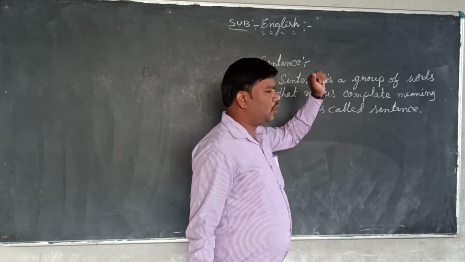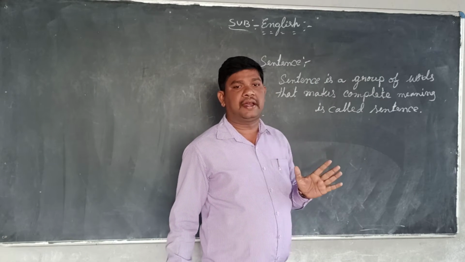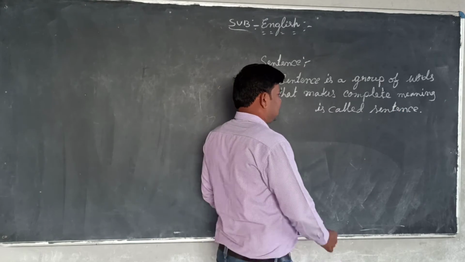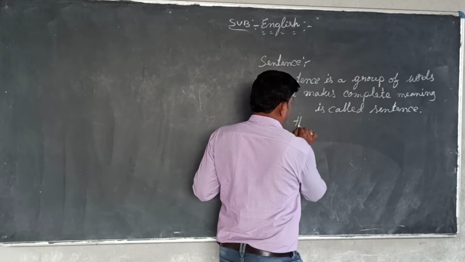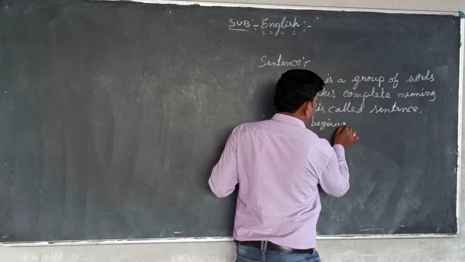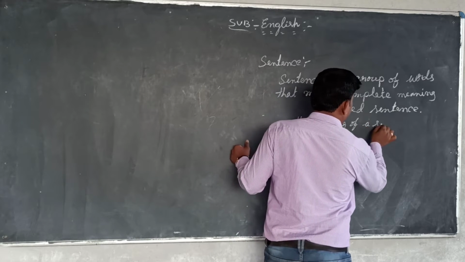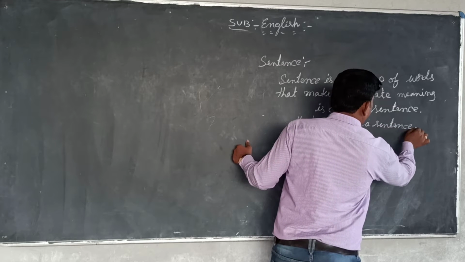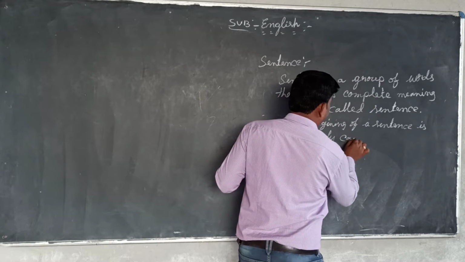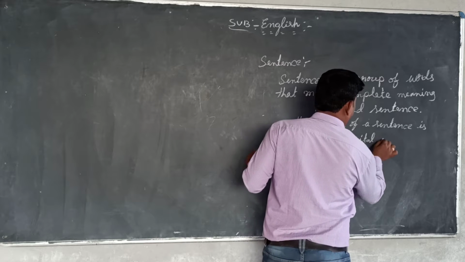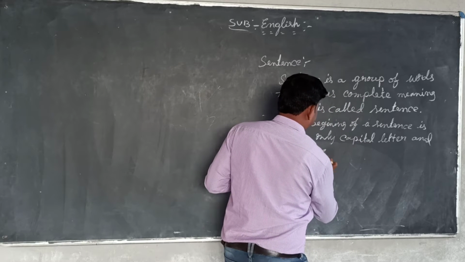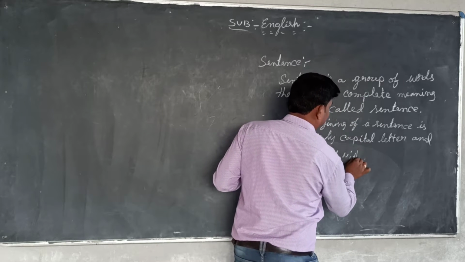Before that, I tell you some important points to follow for sentences. I told you that is the beginning of a sentence. The beginning of a sentence is only a capital letter, and the sentence ends with a full stop.